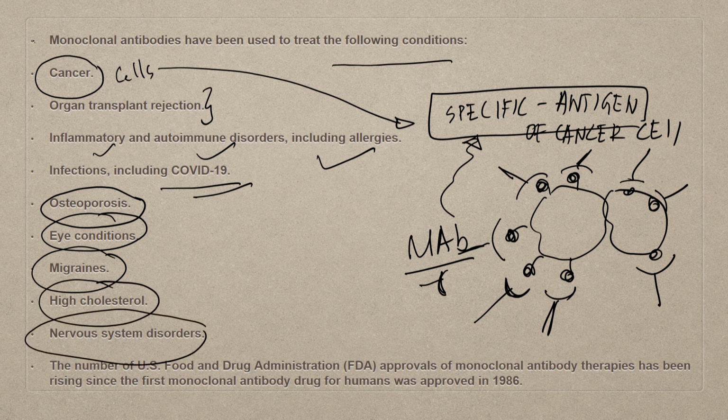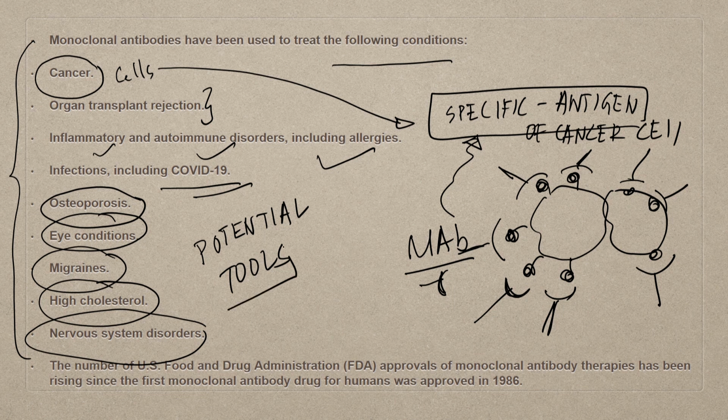So, if you see, almost every spectrum of our health is being tackled at some point or other using monoclonal antibodies. So, it is a very, very potent and potential tool for a wide array of disease conditions, a wide array of degenerative conditions in your body.